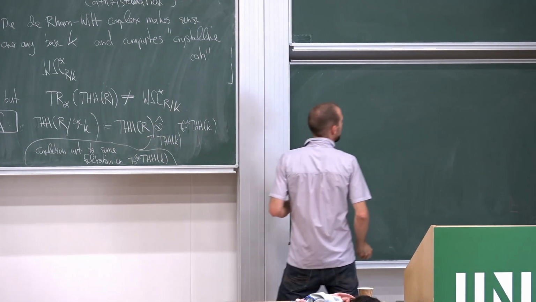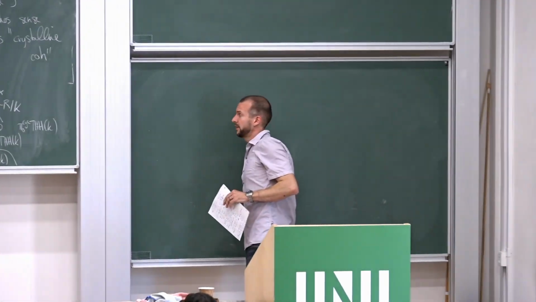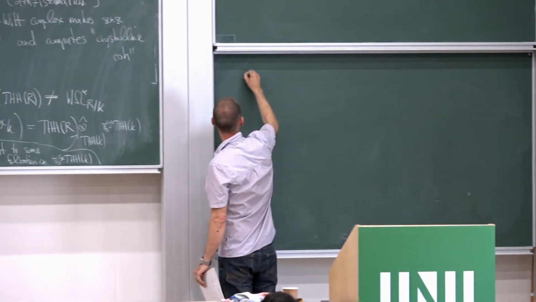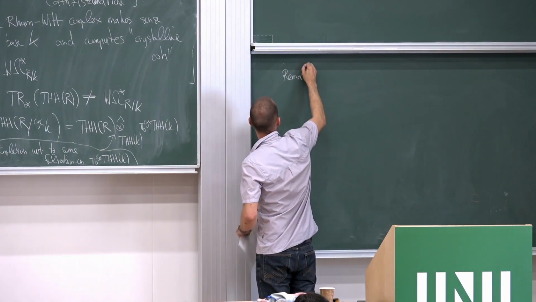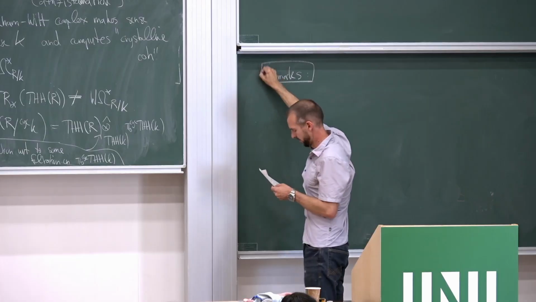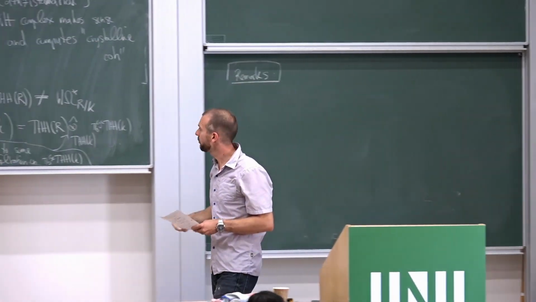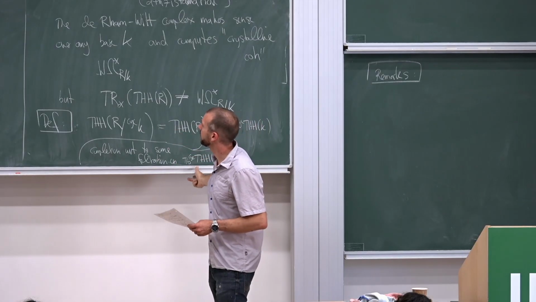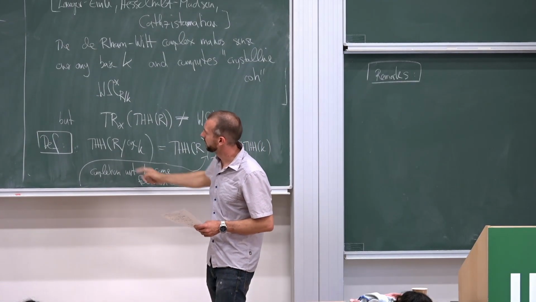Okay, before doing that, I think I can write once on this board and then push it up. Let me make a bunch of remarks. First of all, of course, this is going to be the relative THH that features in the result up here.